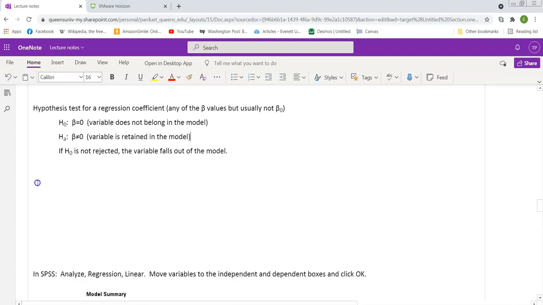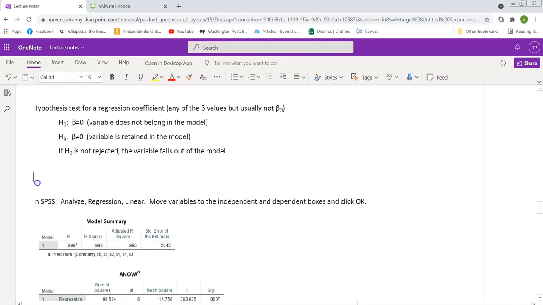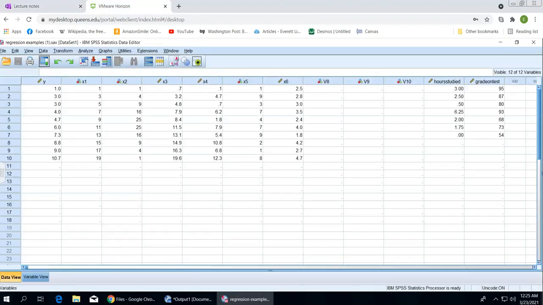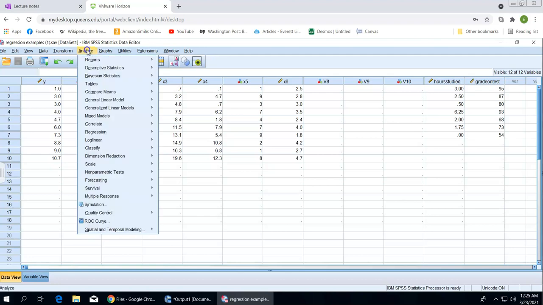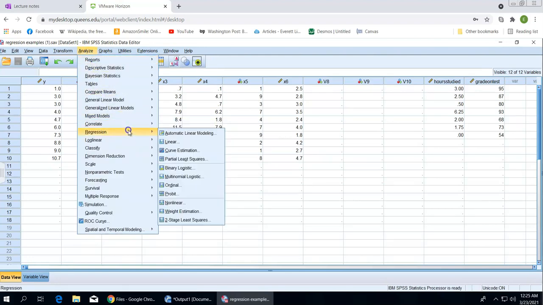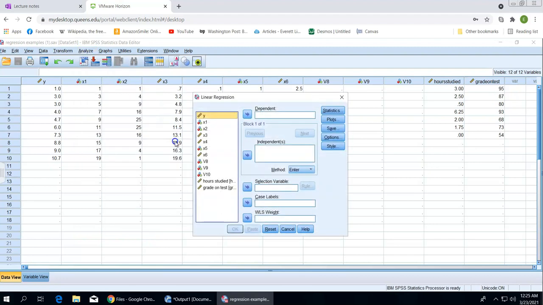So now let's look at how to get this in SPSS. So I made up this data set, and I didn't make up a context for it, just x1, x2, up through x6, predicting a y variable called y. So to get the regression equation, we're going to go to Analyze, Regression, Linear.